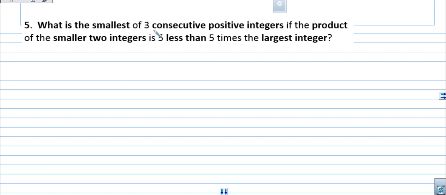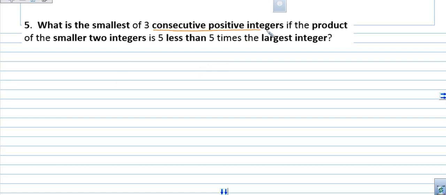Okay, keyword here, consecutive positive integers. So you have an option. You need to use n, n plus 1, n plus 2, because there's three numbers, or you need to use n, n plus 2, n plus 4. So how do you know the difference? Well, this is just integers, and this is even or odd.